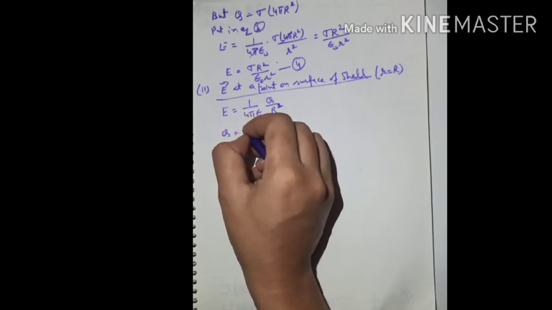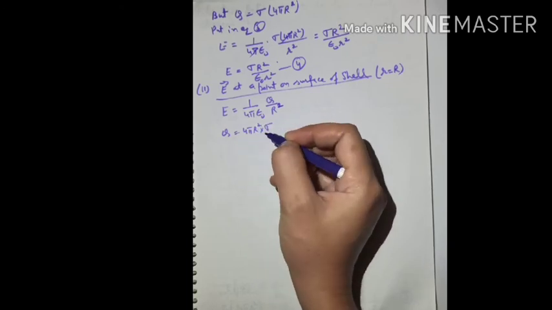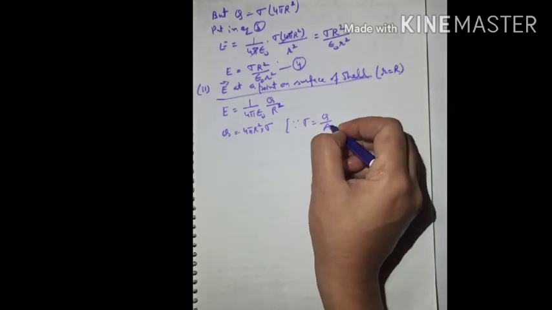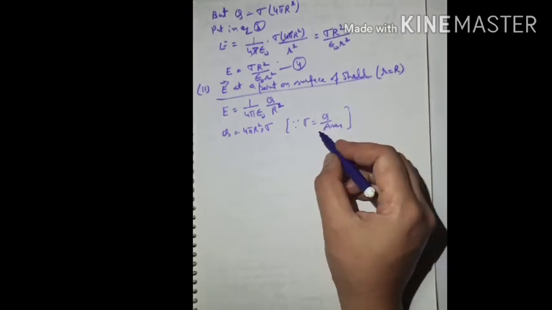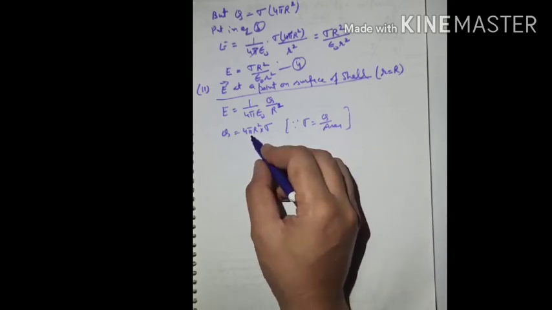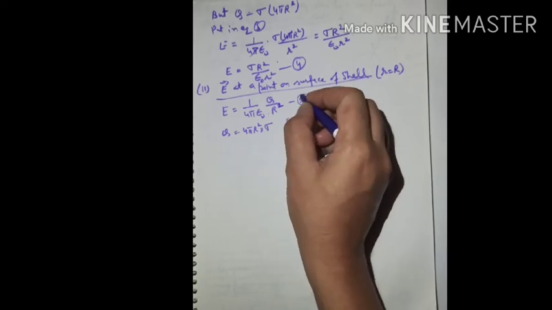Q is equal to 4 pi R square into sigma, because sigma is equal to charge per unit area. Area in case of a spherical shell is 4 pi r square, here it is capital R square. So now put this value in equation number 5.